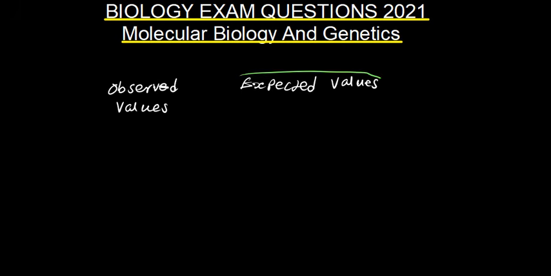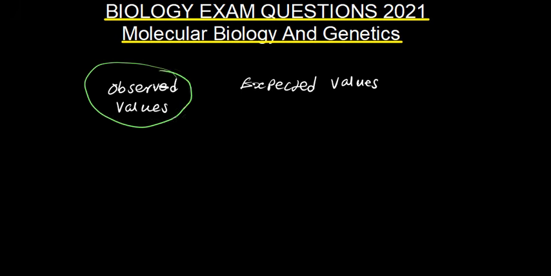You're always going to have observed values, then you have to come up with the expected values. These expected values are derived from Mendelian ratios. Your understanding of Mendelian ratios is what is going to help you come up with the expected values.